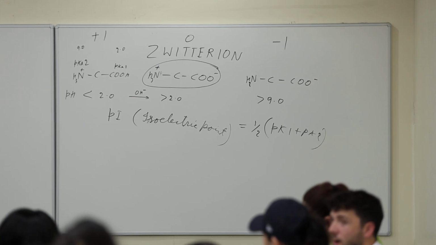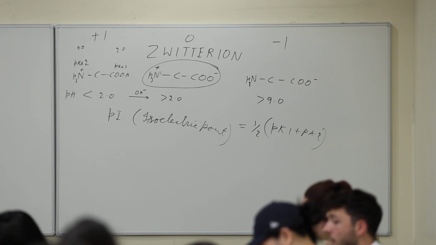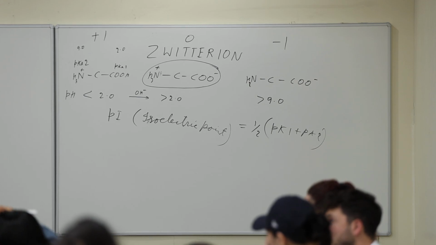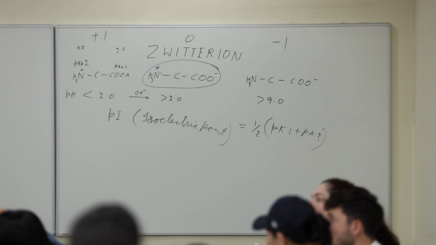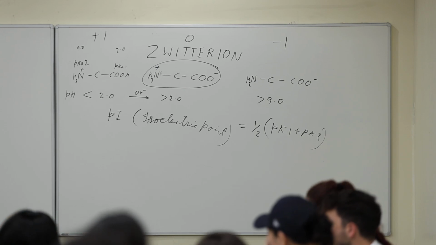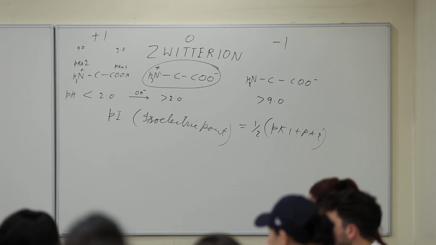Yes? So if we have a pK3, that would affect the pI calculation. Yes, pK3, and even another one, a third one. So let's do a third one. That means you have three pK values, right?